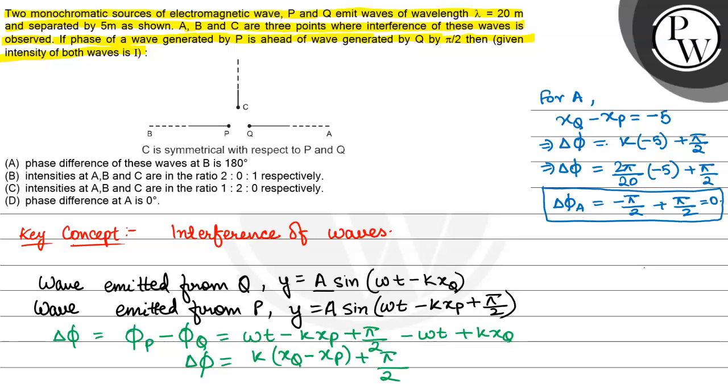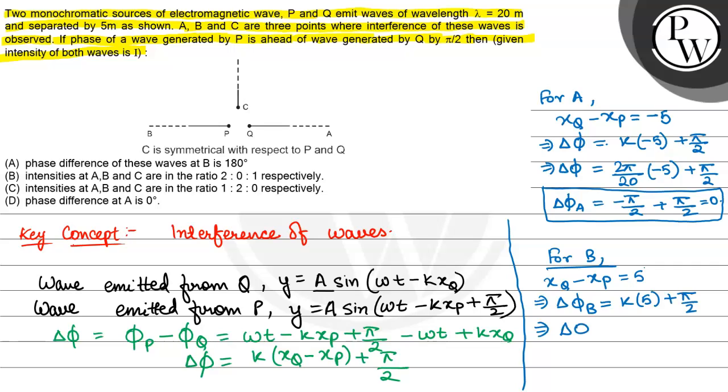Again, similarly, we will see for point B. For point B, xq minus xp is equal to 5, so delta phi for point B will be equal to k into 5 plus pi by 2, that is 2 pi by 20 into 5 plus pi by 2, which is equal to pi.